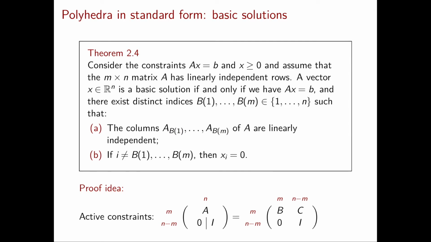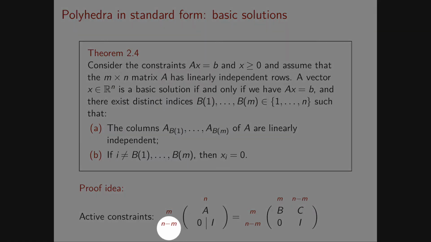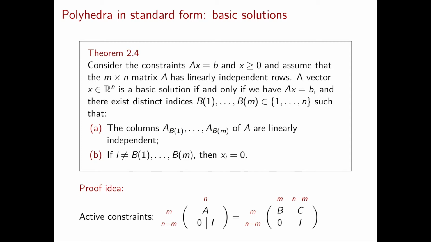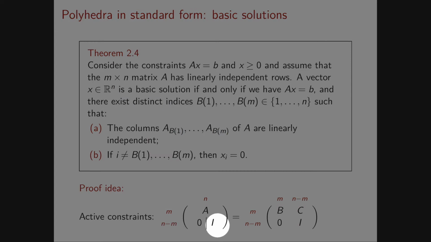Now, up to renaming the variables, I can always assume that these constraints are xi equal to 0 for all the last n minus m variables, so for i that goes from m plus 1 until n. This means that I can write then the identity matrix corresponding to the last n minus m rows and n minus m columns, and 0 everywhere in the remaining block of the last n minus m rows of this big matrix and the first m columns.